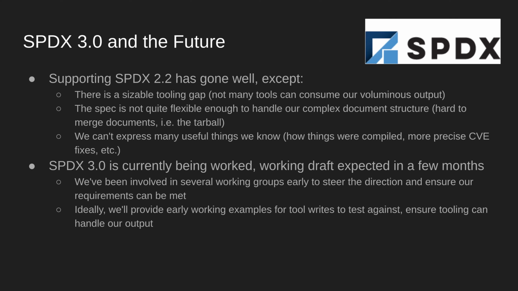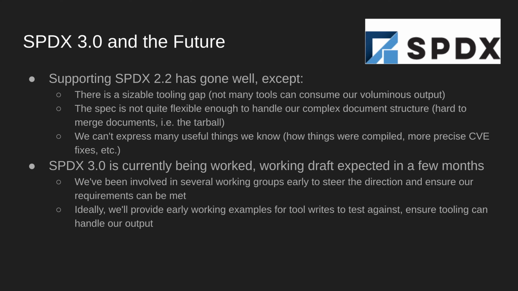There are not very many standard SPDX tools that can consume both our volume of output and the sheer number of documents that we output. And we kind of had to output the documents that way just because of the way that our build system works. Along with that, the spec isn't quite flexible enough to handle our complex document structure because it's really hard to merge documents in SPDX 2.